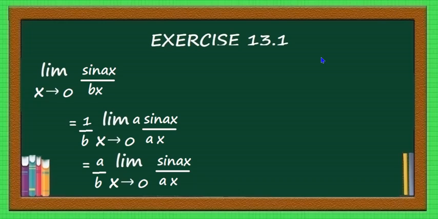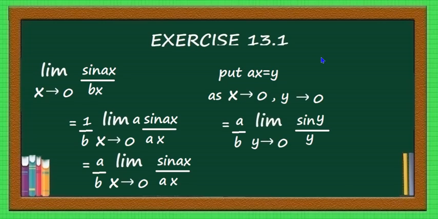Now it is possible to reduce to the standard form very easily just by substituting y equal to ax. As x tends to 0, y tends to 0, and that's why the limit will reduce like this. a by b is as it is, limit as y tends to 0 of sin y divided by y, because ax is y.